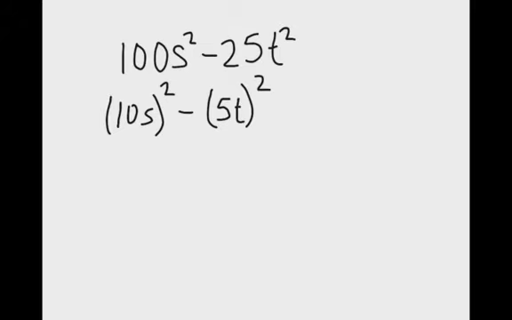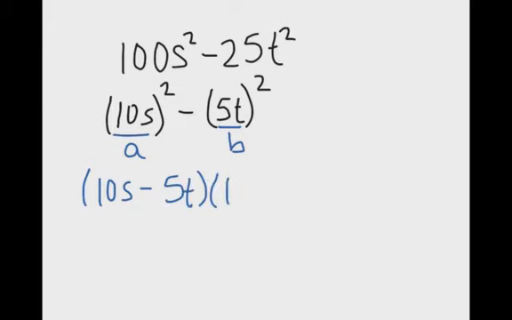This would be our a, this would be our b. So we would have 10s minus 5t times 10s plus 5t.